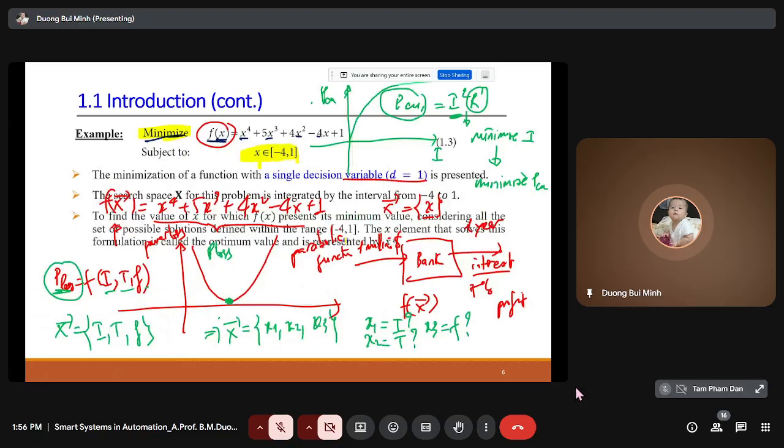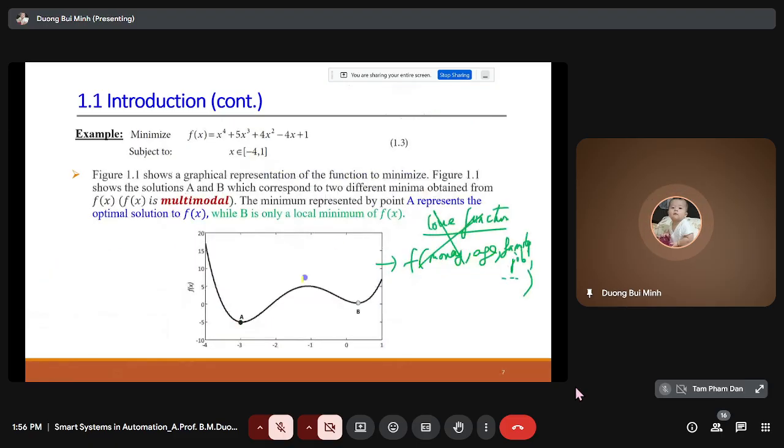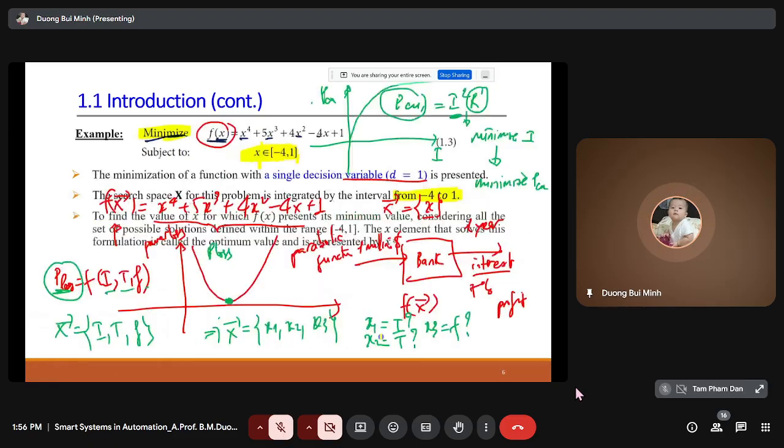Here we also find the solution of x within this limitation, -4 to 4. Sorry, -4 to 1, not 4.